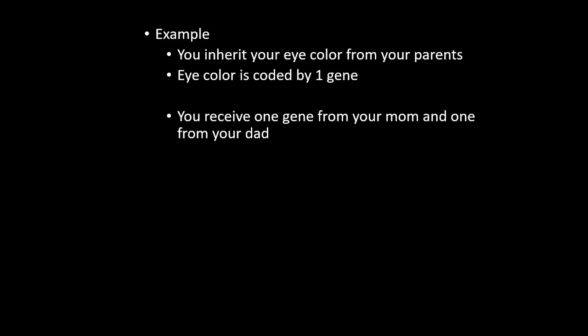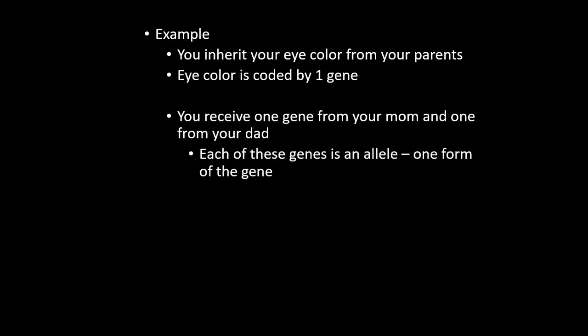Once you have a zygote, you have two copies of a gene, and each of those genes are alleles. So you get one allele from each of your parents that encode for the gene for eye color. The alleles may or may not be identical.